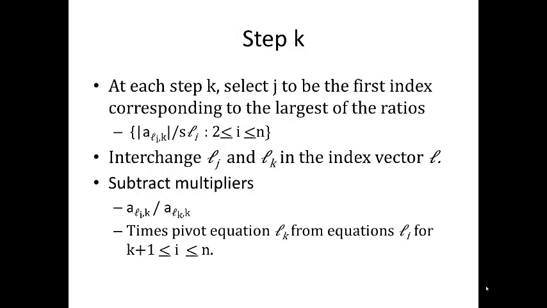So, at each step k, we select j to be the first index corresponding to the largest of the ratios. We interchange L sub j and L sub k in the index vector L, and subtract the multipliers times the pivot equation L sub k from the others to get 0 in the kth column.